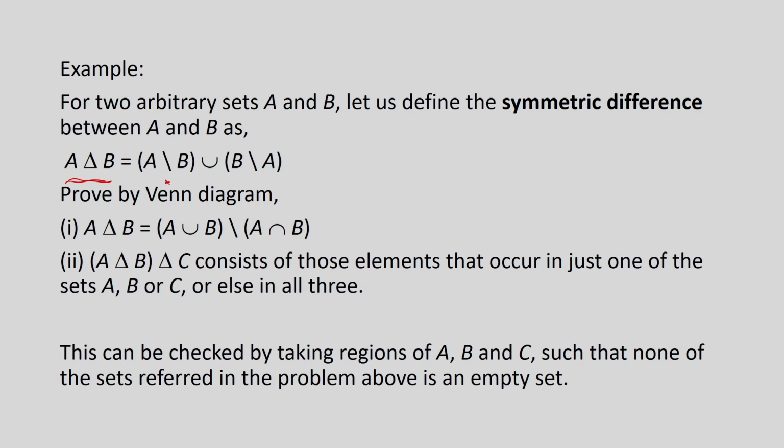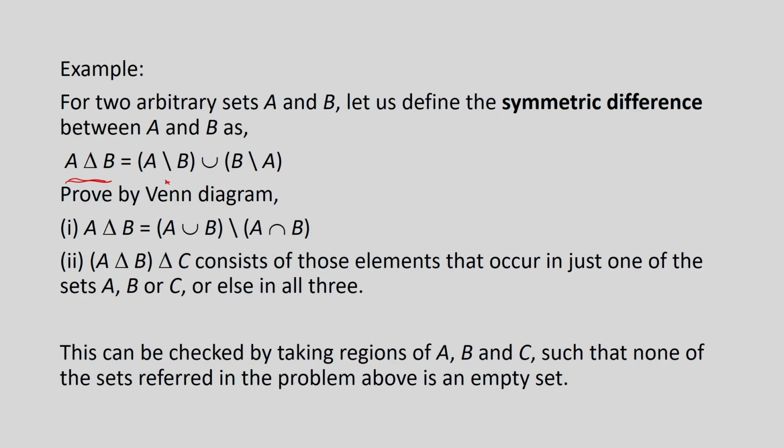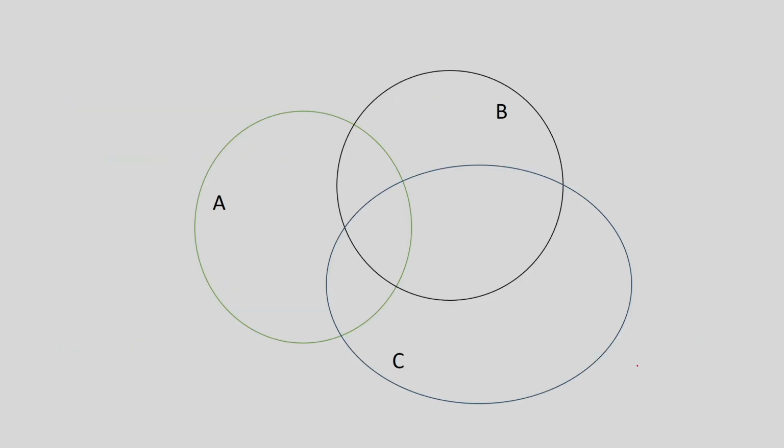So, I am just going to make sure that these intersection sets are not empty sets. Okay. So, just let me write down the thing that we are supposed to prove. We are supposed to prove this: A delta B is equal to this, we have to prove. Okay.